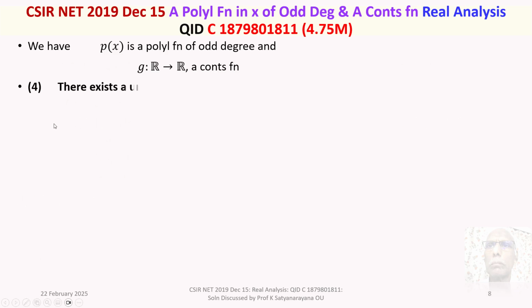Now we go to the fourth option. There exists a unique point x naught belongs to R such that p of x naught is equal to g of x naught. Is the uniqueness there? There are some polynomials and functions g that have more than one common point.